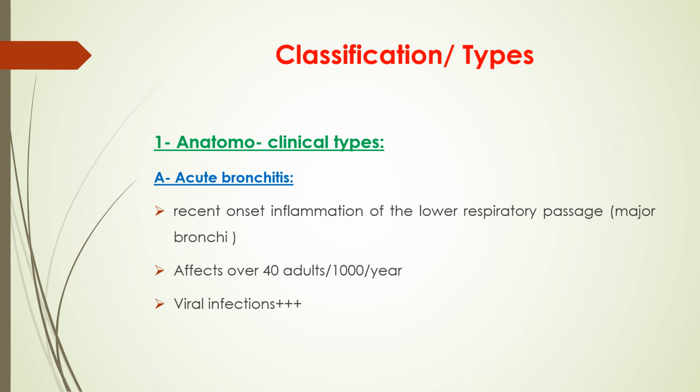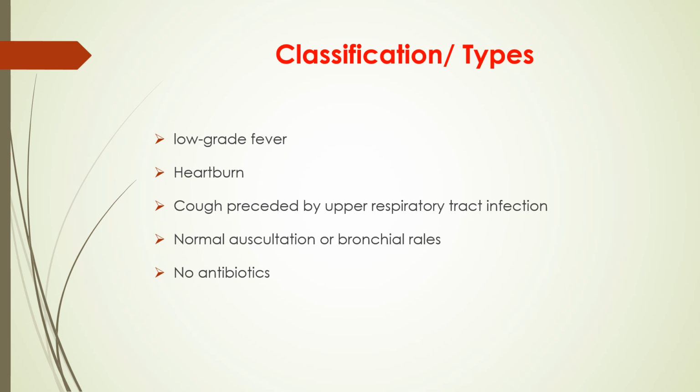So what are the types or the classification of these infections? According to the anatomy, we have what we call acute bronchitis, which is the inflammation of the bronchi. It affects over 40 adults per mil per year, and viruses are the most common cause of these infections.